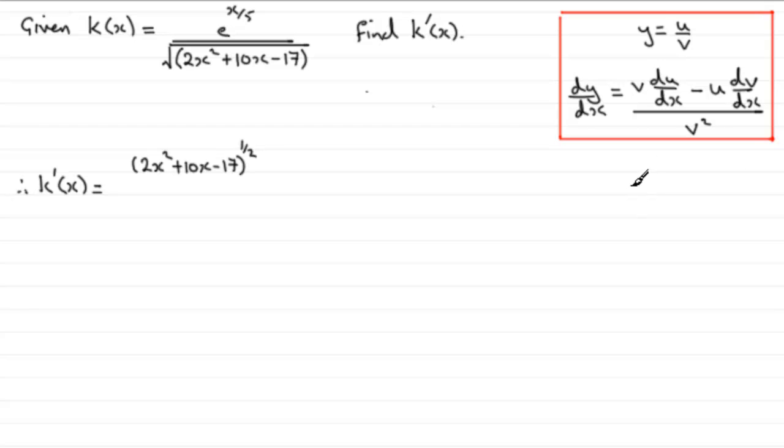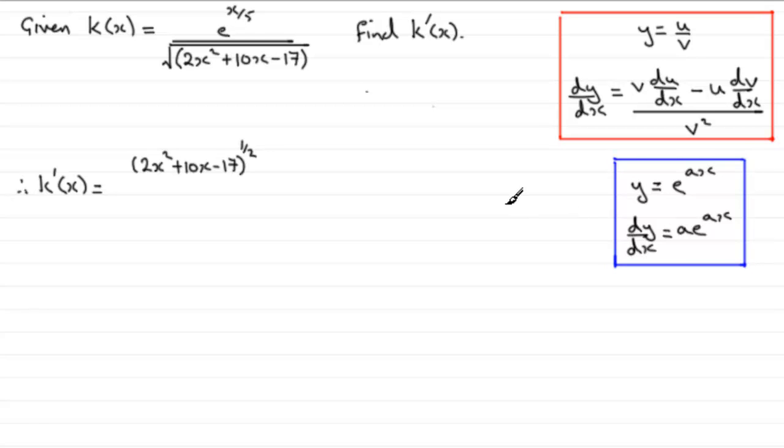We should be familiar with differentiating functions of the form y equals e to the power ax, where a is a constant. dy dx by the chain rule turns out to be a e to the power ax. So that's another rule that you should be familiar with, and again, you generally get this kind of result in most formula books.